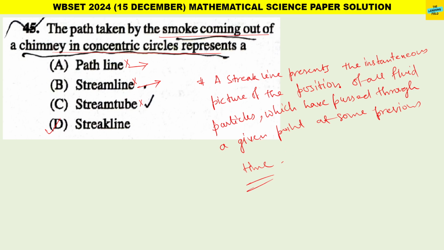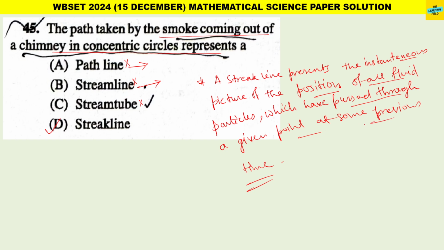That means what? The path of the smoke particles changes its position at each time. So the particles of the smoke change their position at each time, that is, it says the same thing. The streak line presents the instantaneous picture of the position of the fluid particles which have passed through a given point at some previous time.